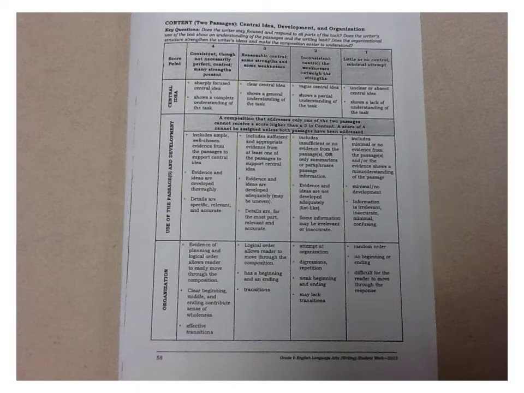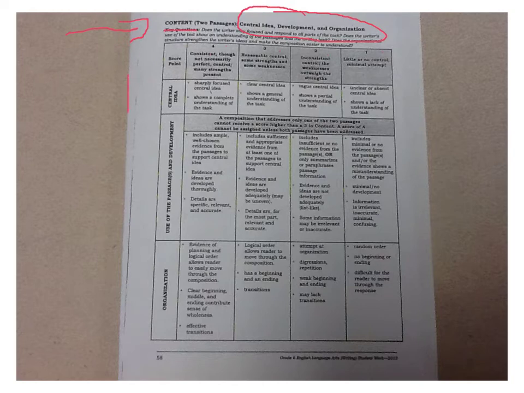Now this is the content portion right here, based on 2 passages. We want to note that when we're looking at content, the focus, of course, is the central idea, development, and organization of our paper. Last week we talked about these numbers here, 4 and 3, 2 and 1, and what our goals were. Today we're going to analyze the different portions of the rubric.